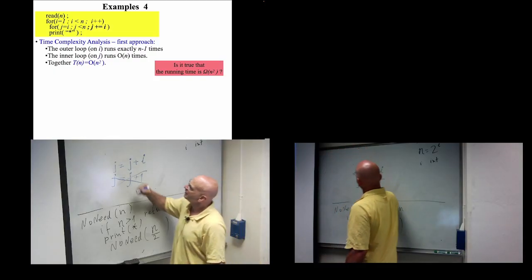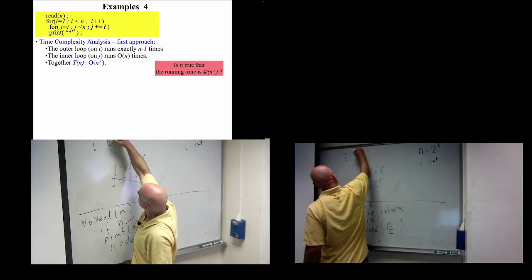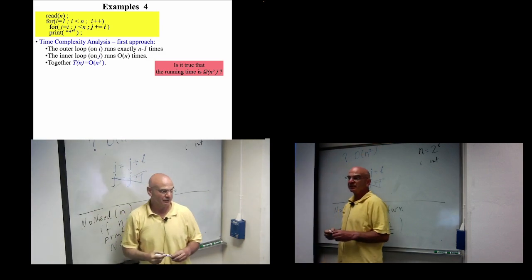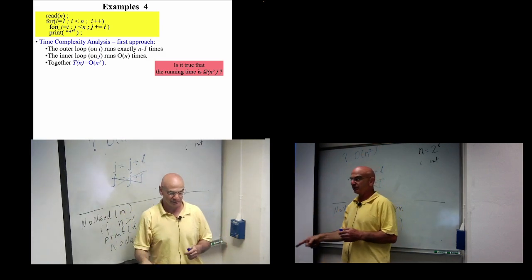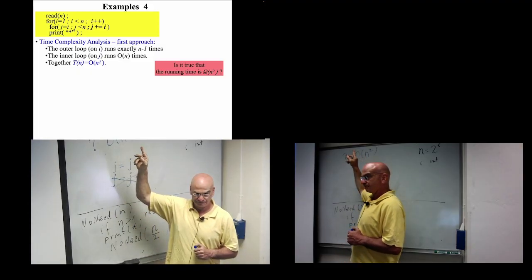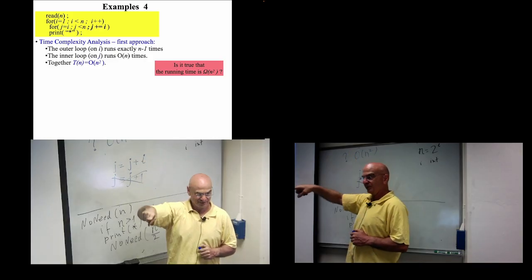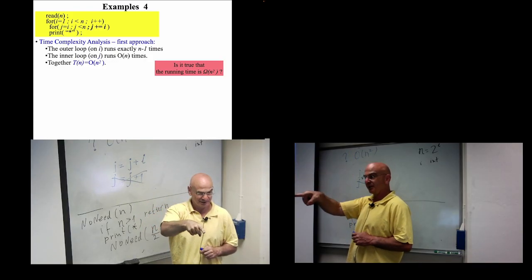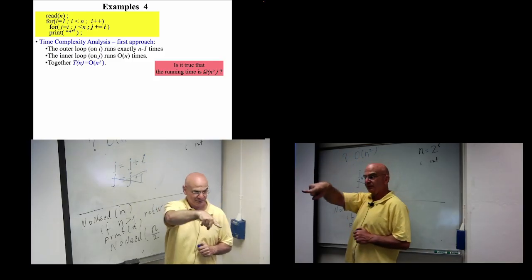Question mark. Is this order of n squared? Yes or no? The running time of this algorithm. I'll ask each one of you. Order of n squared, yes or no? You said no. You have to remember exactly my wording from yesterday. You say yes. You said that it's order of n squared.